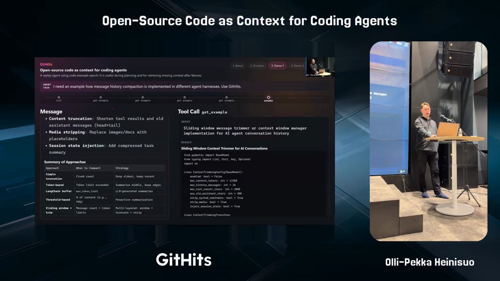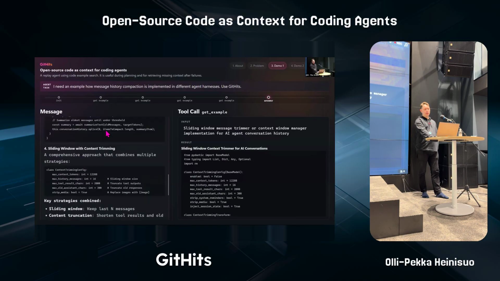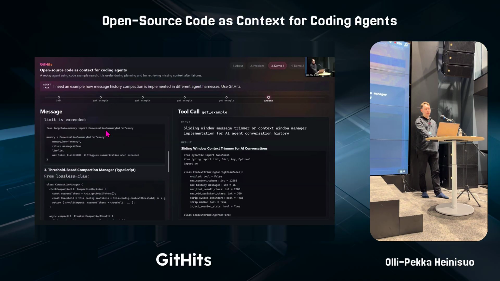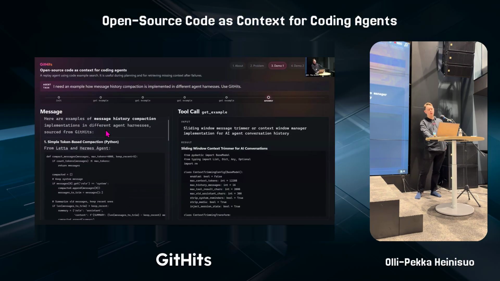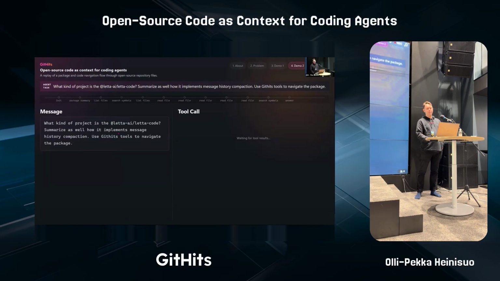The second demo is going to do a deep dive with other tools we provide. We are going to select this Letta library and check out how it implements message history compaction. We are going to deep dive into that repository and study how it works.